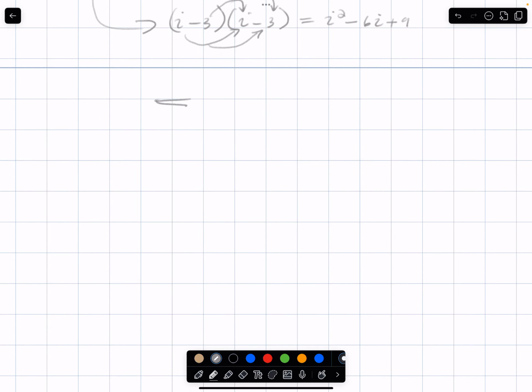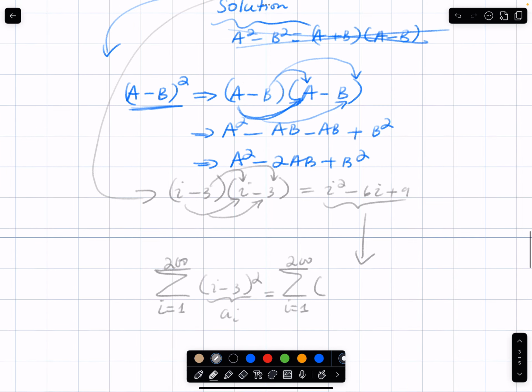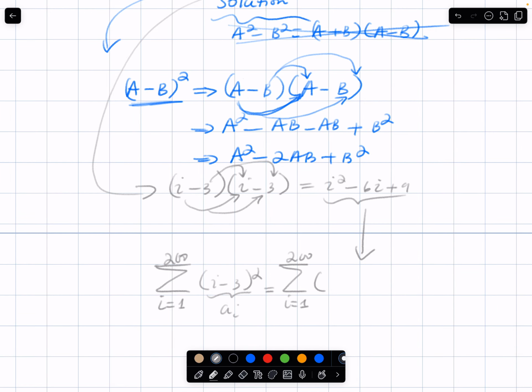So it'll be the summation starting at the first number, which is 1, and we are adding all the way to 200. And then the term that we put here is this squared, like a sub i. So we rewrite that again, and then we bring this down here, because they are the same thing. We've established that this, let me use a different color.